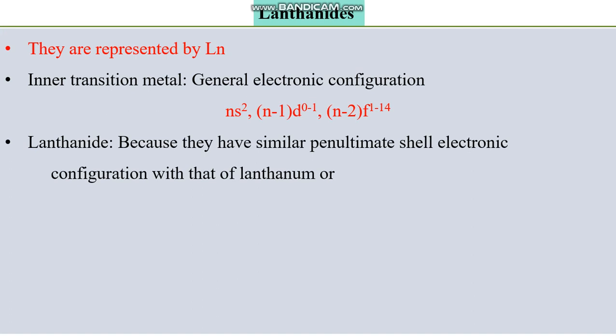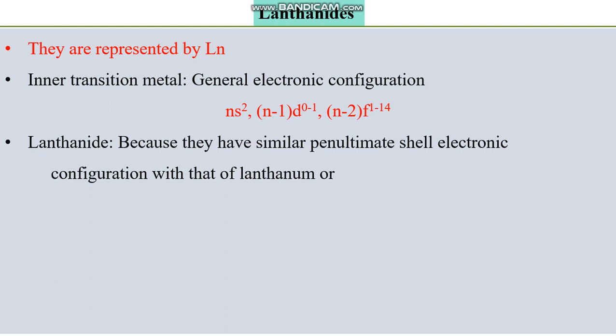Now, why are they called lanthanides? Technically, we can justify the statement that since the electronic configuration of the lanthanide series and lanthanum in terms of the penultimate shell is similar, they are called lanthanides.